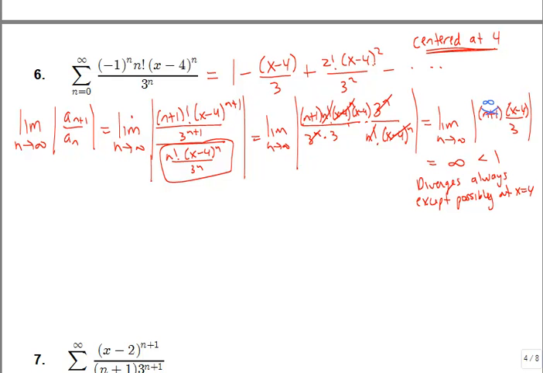So if you go back to this series, look at what happens if you plug in 4 for x. This term goes to 0, this term goes to 0, and all these other terms that have those x minus 4's raised to a power go to 0. So all we're left with is a 1. So it will converge at 4, because we just go to 1.